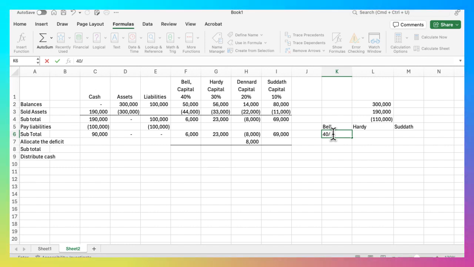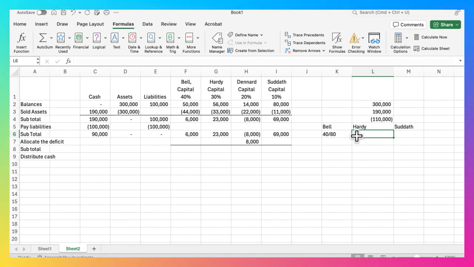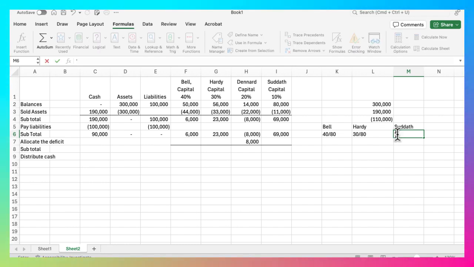He's not getting any cash. So we're going to do 40 over 80 for Bell. For Hardy, we're going to do the same thing, 30 over 80. And for Sadath, we're going to take 1/8 of the deficit, which ends up being 10 over 80.